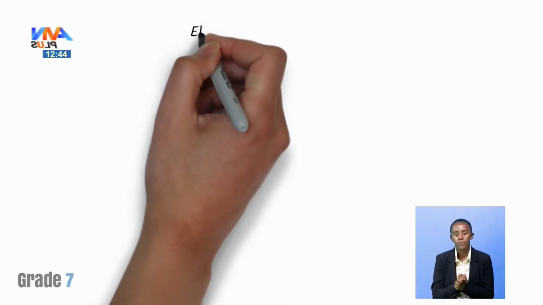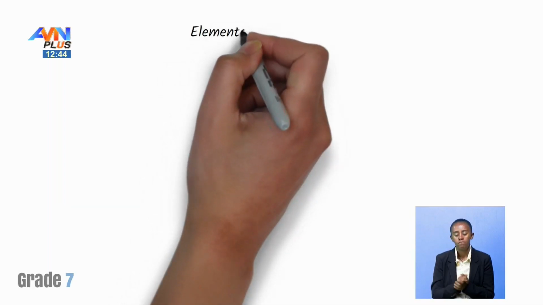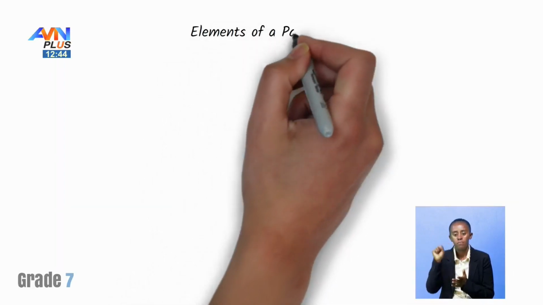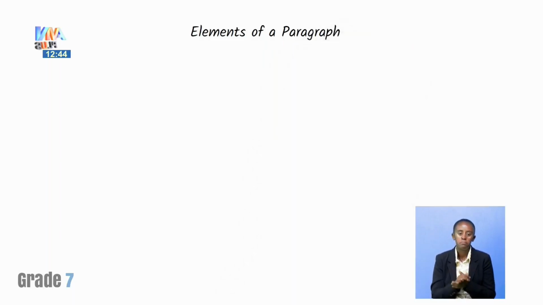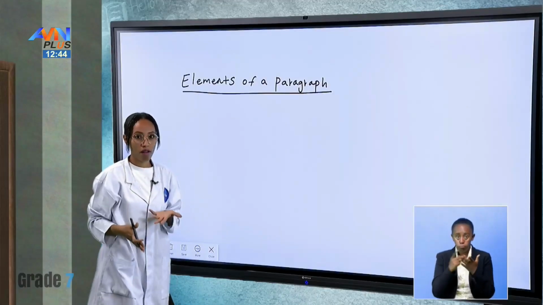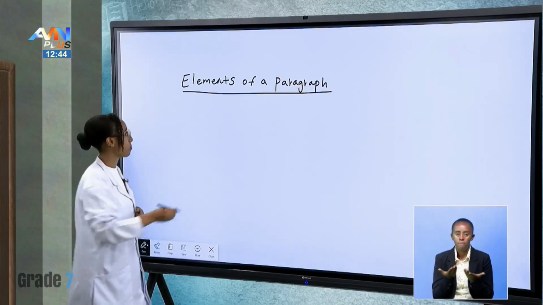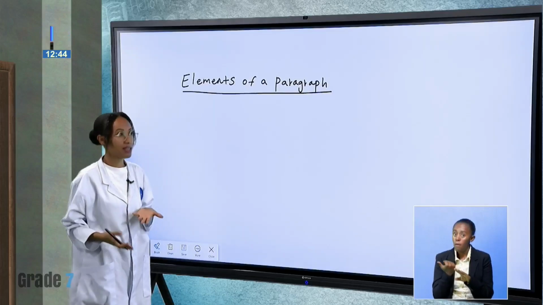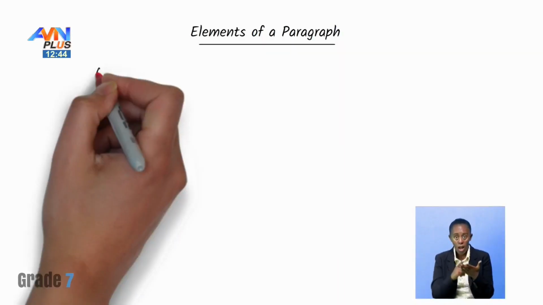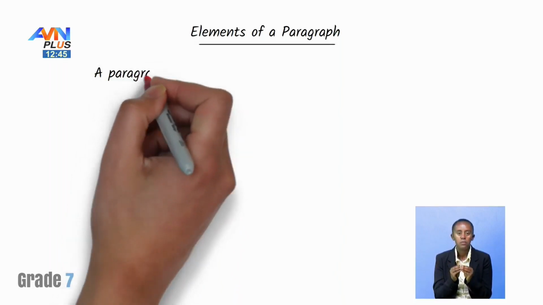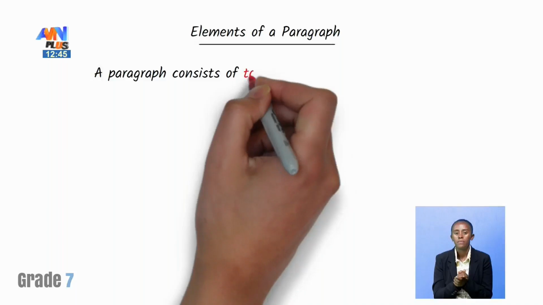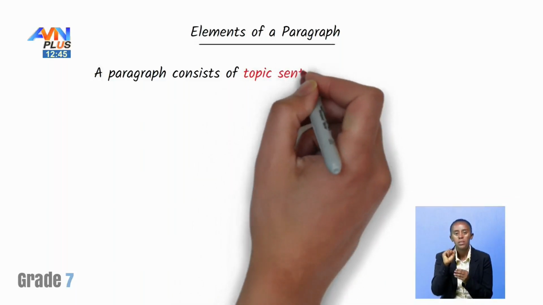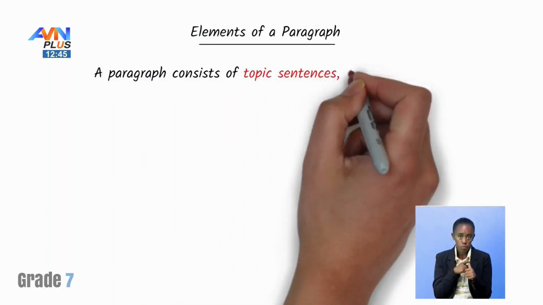Elements of a paragraph. What are the elements of a paragraph? Let's see the first one. A paragraph consists of, the first one, topic sentence.